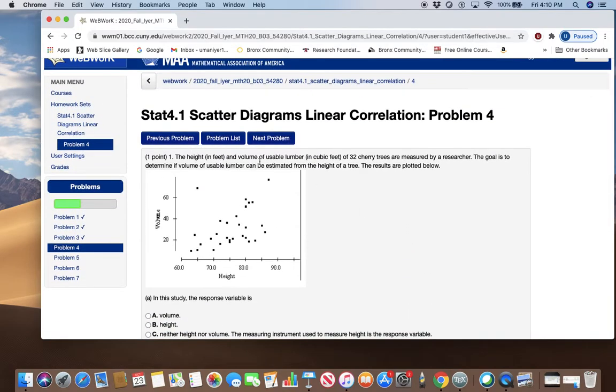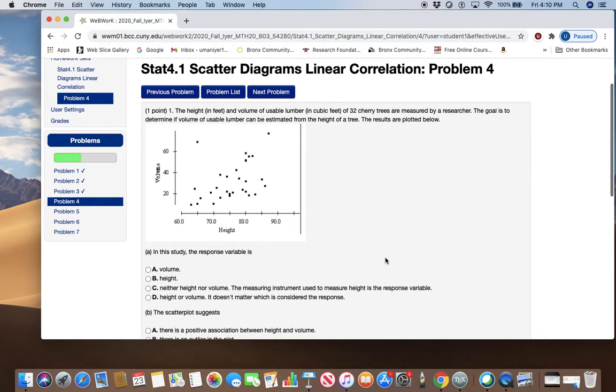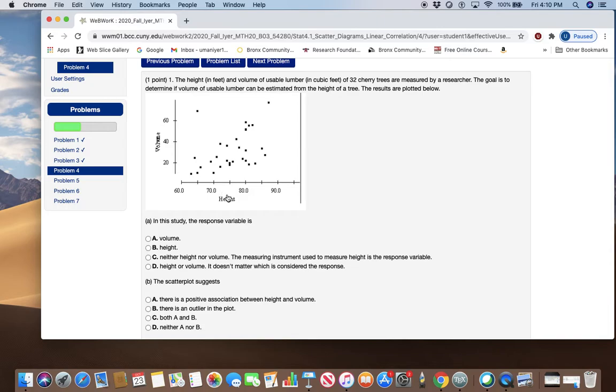The height in feet and volume of usable lumber of 32 cherry trees are measured by a researcher. The goal is to determine if the volume of usable lumber can be estimated from the height of the tree. Now what is the response? Response is the vertical axis.